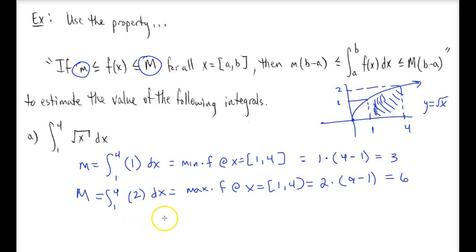And so we'll see that the area under the curve of the square root function is going to be somewhere between 3 and 6 square units. Okay? And of course, the tighter we make that closed interval, the area would be different.